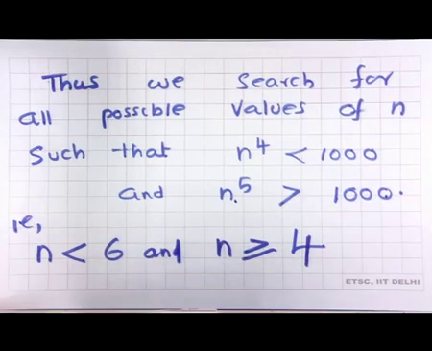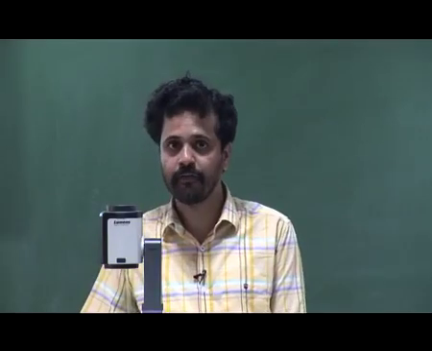Thus, we are searching for those values of n which are less than 6, which is the same as saying fourth power is less than 1000, and which are greater than or equal to 4, which is the same as saying fifth power is strictly greater than 1000. Thus, the possible values of n are 4 and 5.